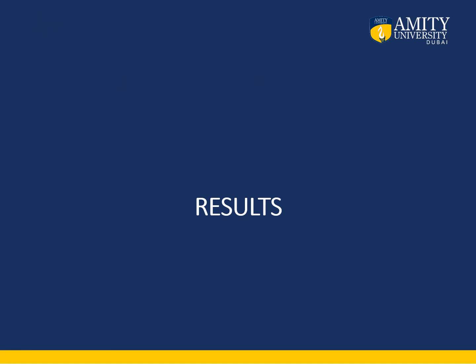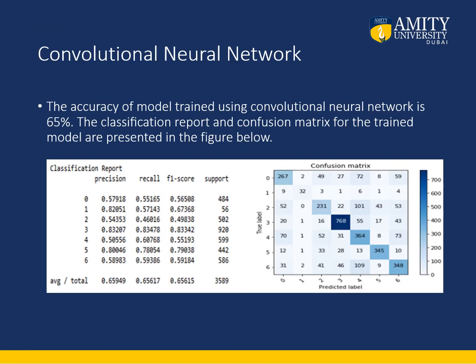Moving towards the results of the study, the accuracy achieved using CNN is 65% on the test set. The confusion matrix with precision and recall is shown in the figure. It is seen that the most correctly identified class is happy, and the neutral class is mostly mistaken with sad.